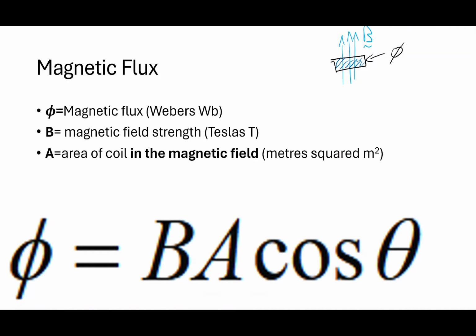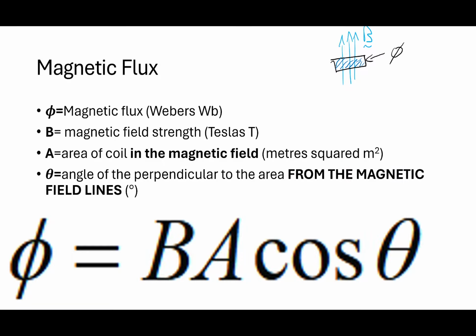So flux is proportional to both magnetic field and area in the magnetic field, and theta is the angle of the perpendicular of the flat area. So this is the perpendicular. Theta is the angle from there.